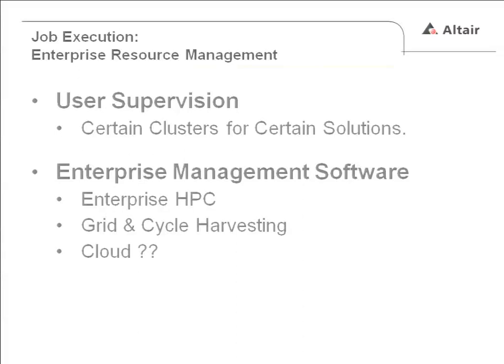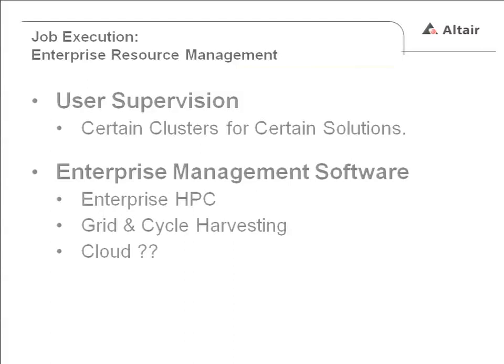I'd be hard pressed to come up with somebody that doesn't. But what still happens today is there are certain clusters set up for certain solutions. You might have a group that has access to 3 different machines, and you can run this type of solution on machine A and that type on machine B, but you can't really cross-pollinate.